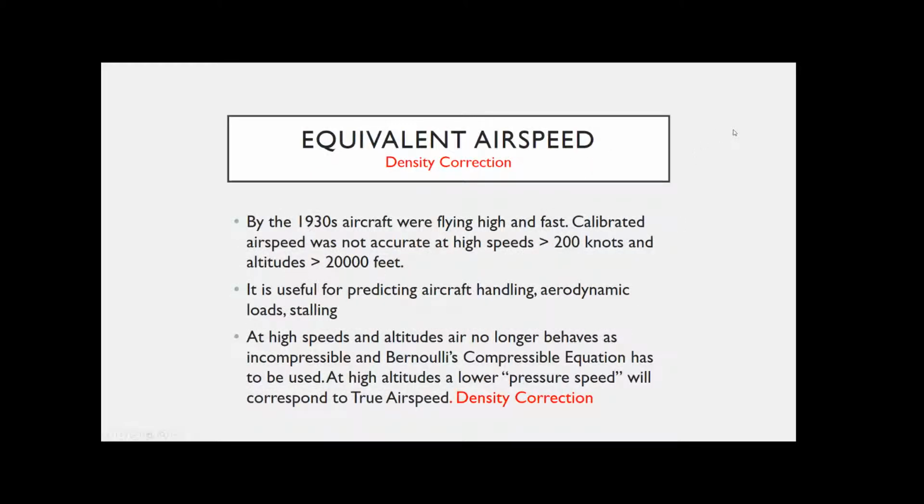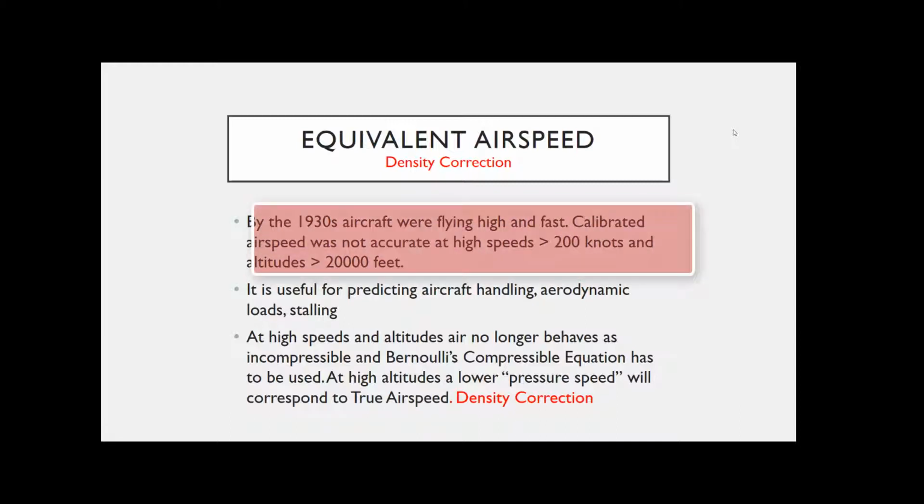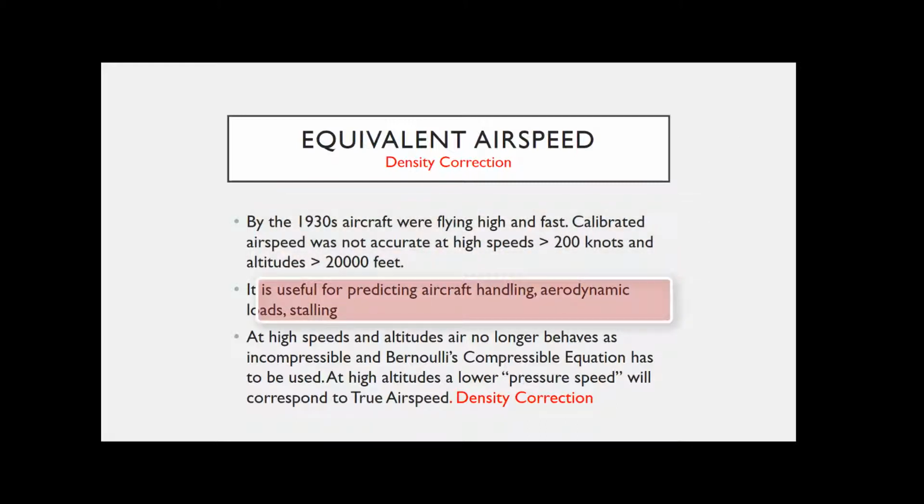Equivalent airspeed. By the 1930s, aircraft were flying high and fast. Calibrated airspeed was not accurate at high speeds greater than 200 knots and altitudes greater than 20,000 feet. Because it was useful for predicting aircraft handling, aerodynamic loads and stalling, it was important to find something more accurate.